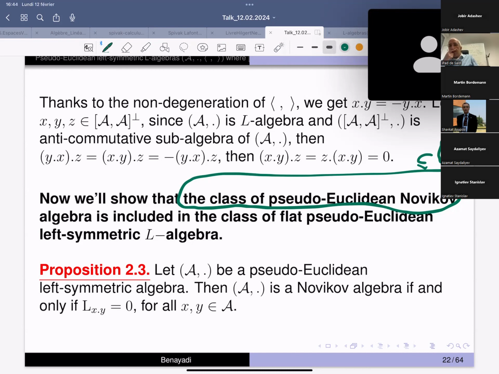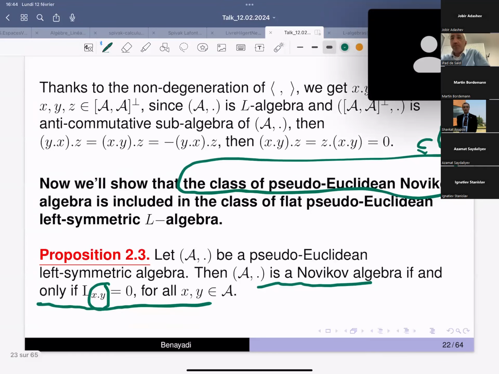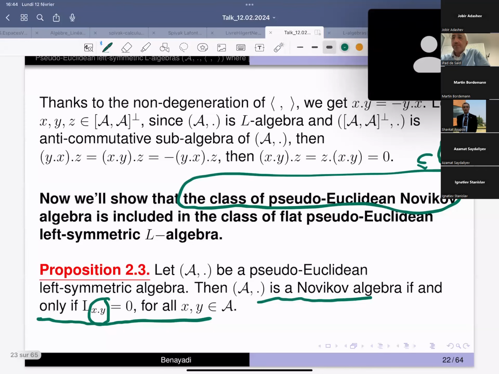If you consider a left-symmetric algebra, then A is a Novikov algebra if and only if the left multiplication by this product is there. It's a very simple structure in this algebra. The proof is not difficult.